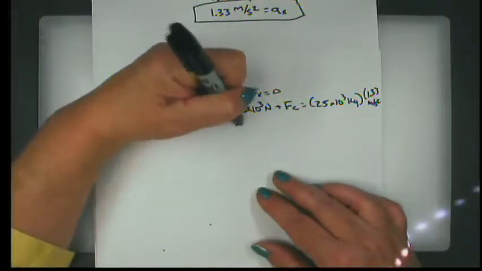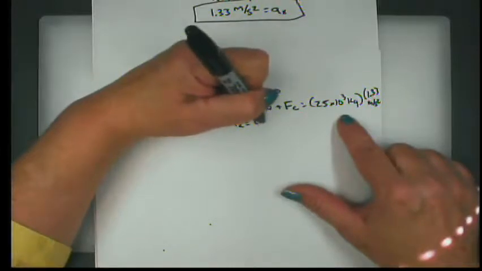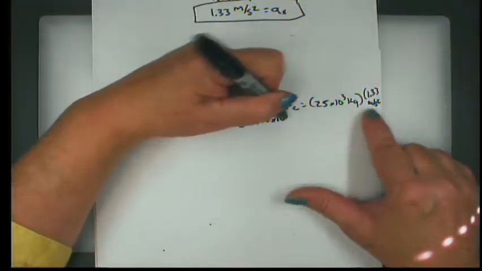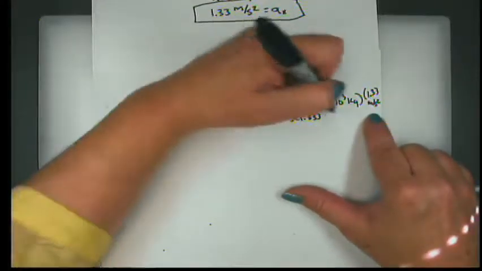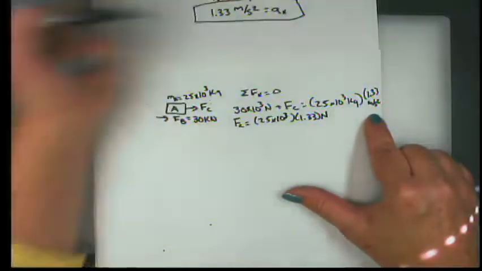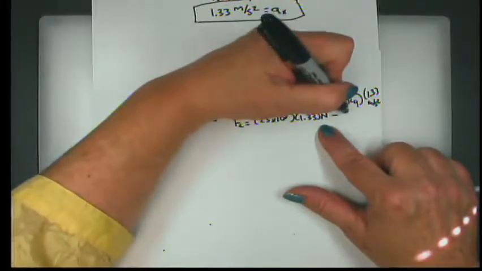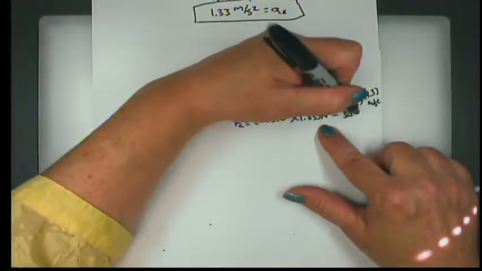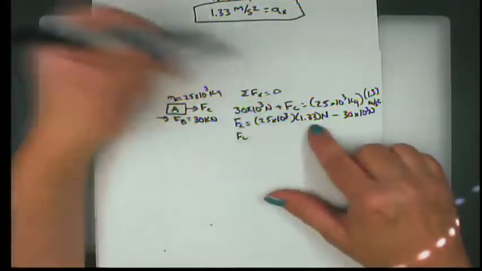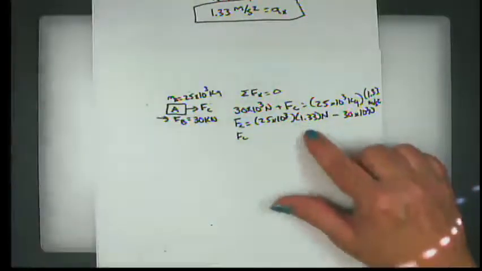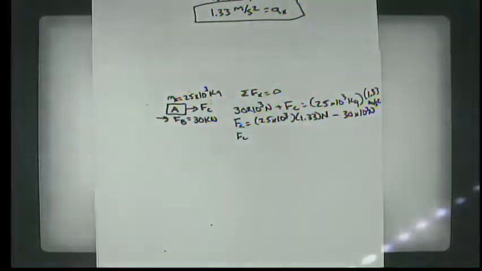Anyway, the force of the coupling then is equal to 25 times 10 to the third times 1.33, and that's in kilogram meters per second squared, which is newtons, minus 30 times 10 to the third newtons. So if I look at this number, 25, I can't do it in my head. I should be able to, but, you know, that's what happens.